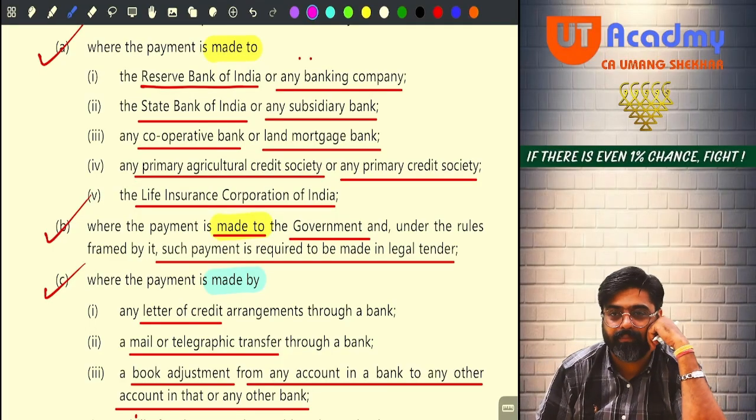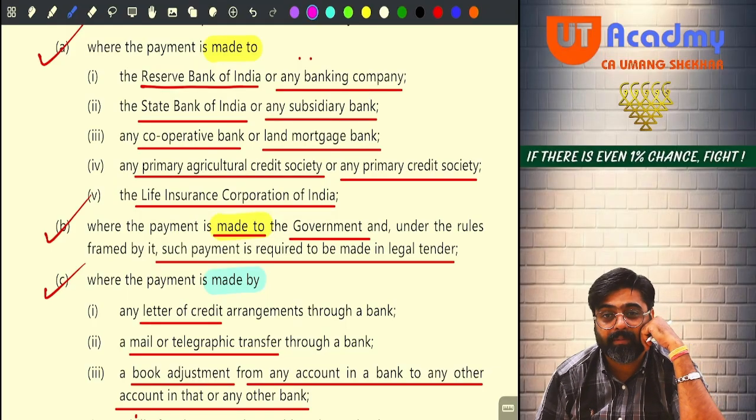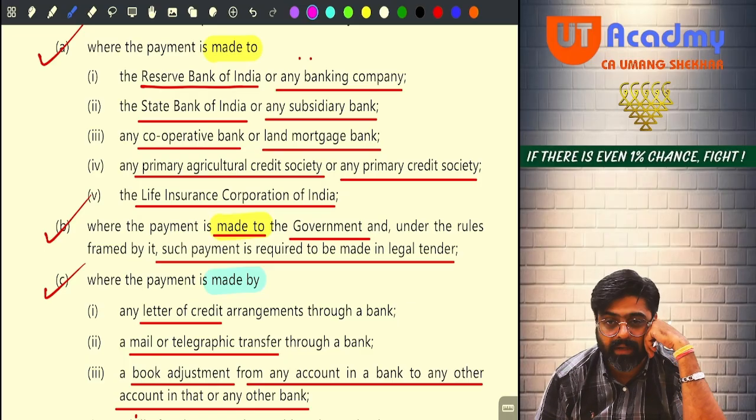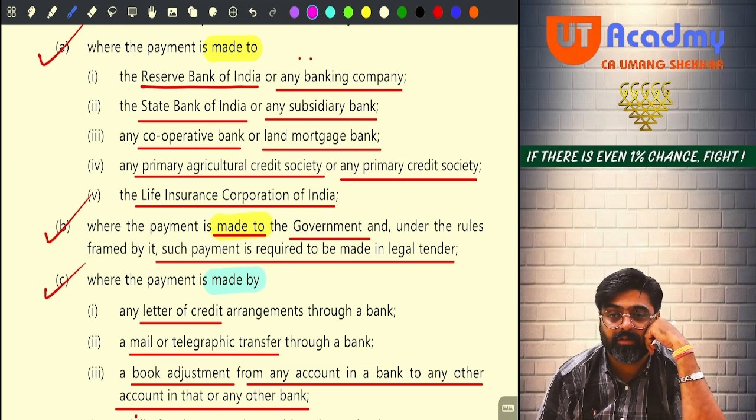To the RBI or any banking company. Or to SBI or any subsidiary of SBI. Or to any cooperative society or any land mortgage bank. Or to any primary agricultural credit society or any primary credit society. Or to the Life Insurance Corporation of India, LIC of India.